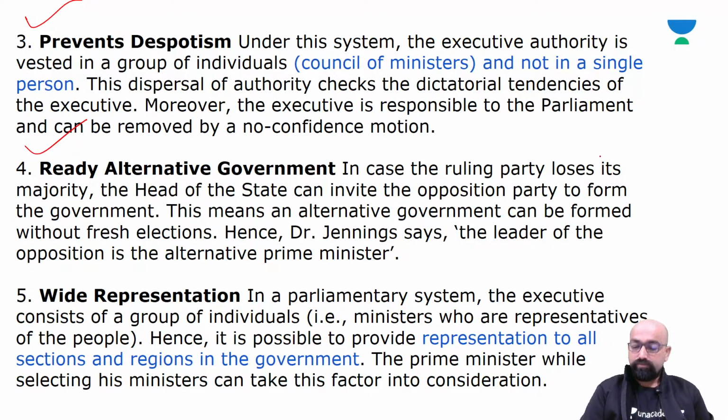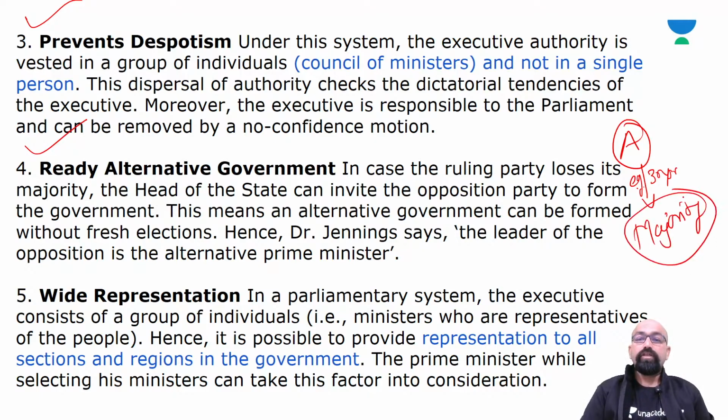For example, we can say party A is a ruling party and during the tenure of the government, say after 3 years, just considering this for example, the ruling party loses its majority. Then what happens? There is no immediate announcement of election.